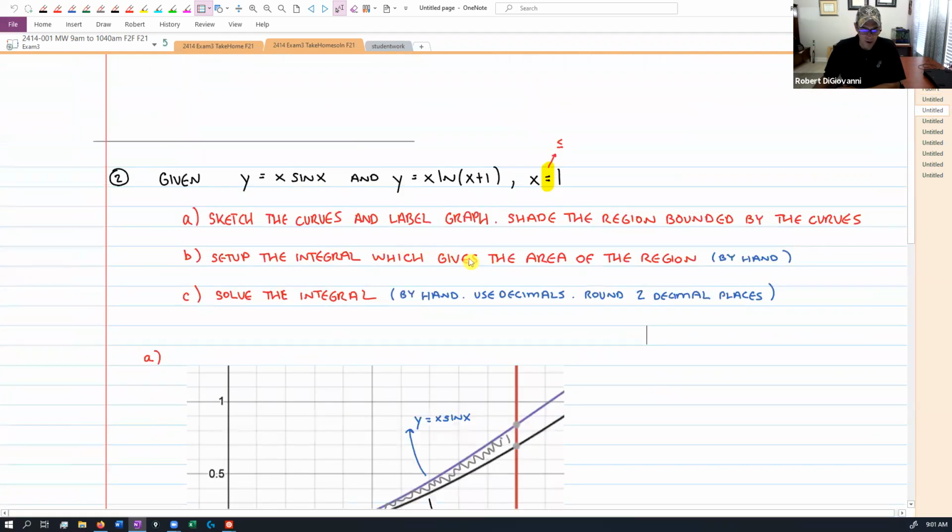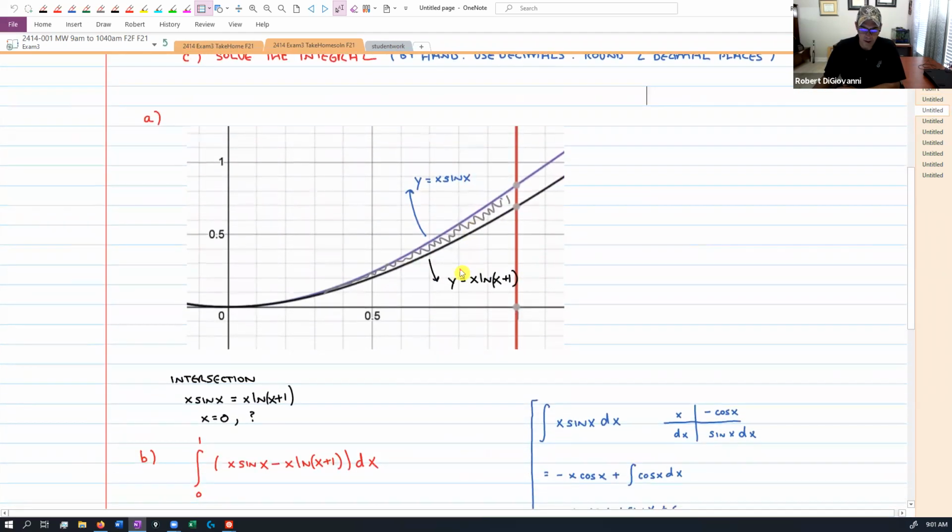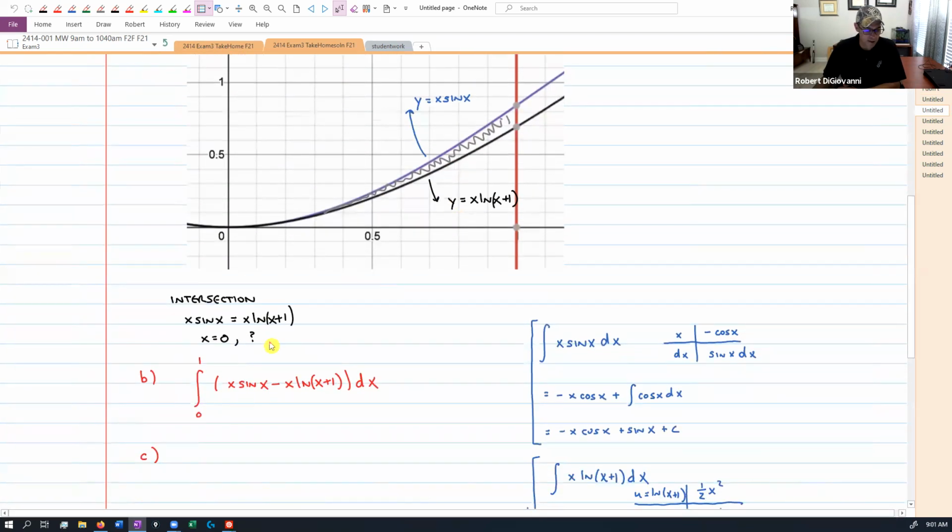Now, the second problem, let's see, again, I wanted to see graphs. I wanted to see your graphs labeled, it's a take-home exam. So my expectations were high. Also finding the intersections, I did it by hand, but it was okay if you just use the computer for that.